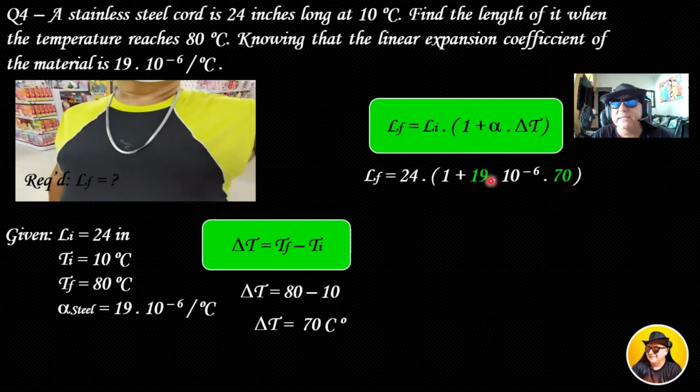Okay, so 19 times 70. Okay, so it is 1,330. Okay, so see again what I'm going to do. I'm going to multiply 1,330 by 10 to minus 6. What it means? It means that I'm going to move the point 6 spaces to the left.